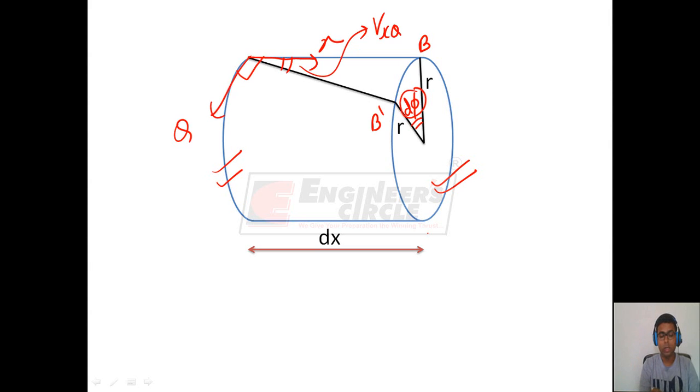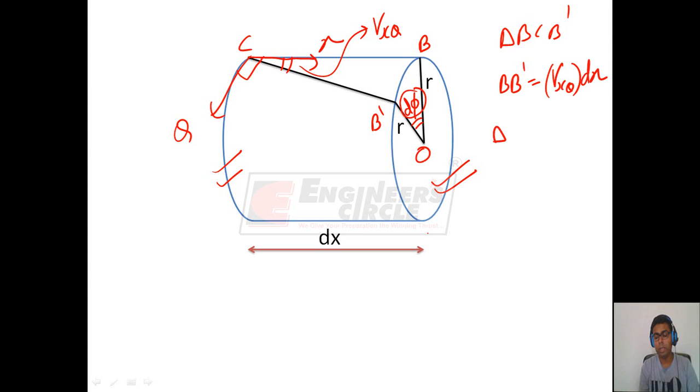Now if you consider triangle BCB dash, it can be written that BB dash is equal to gamma x theta into dx. And also from triangle B dash OB, BB dash can be written as R d phi.